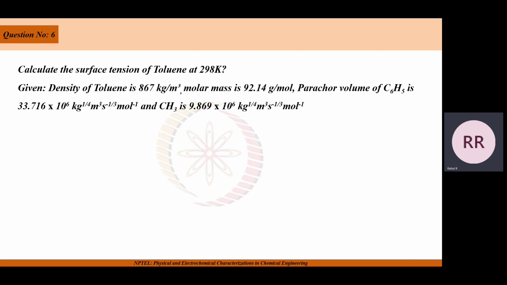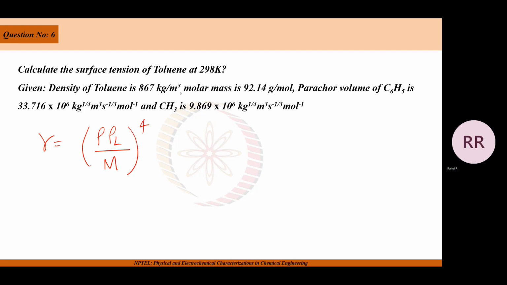Let me give you a few seconds to calculate. You need a slight variation to that formula, so I can give you the formula. Just try to do this. The formula is nothing but gamma is equal to the Parachor into rho L divided by m, whole to the power 4.